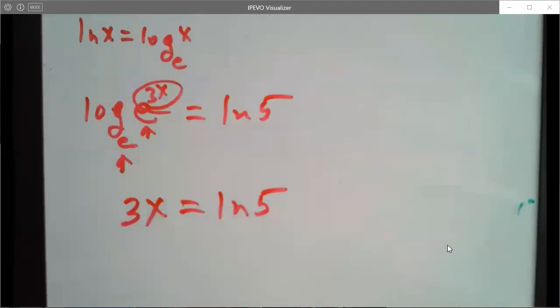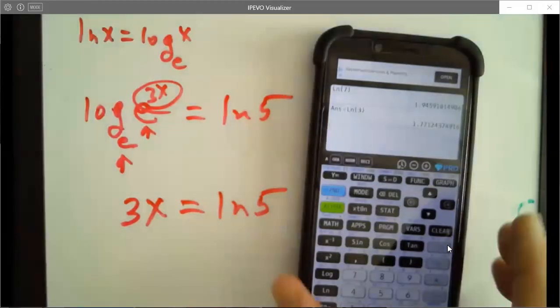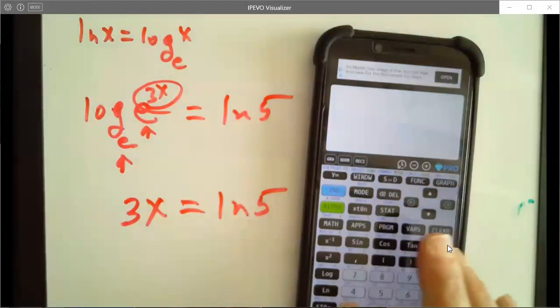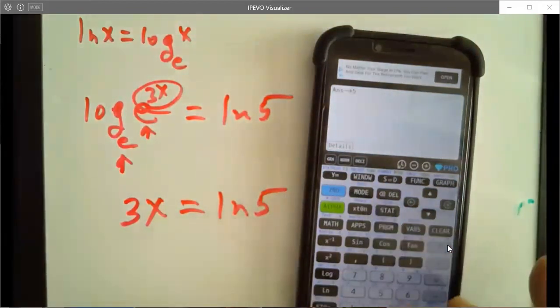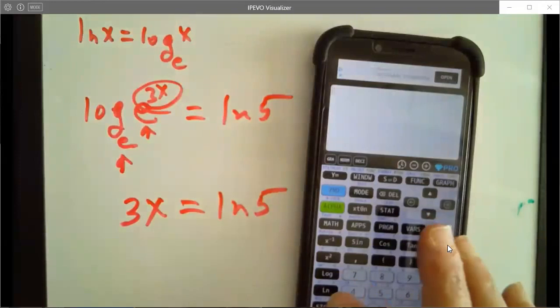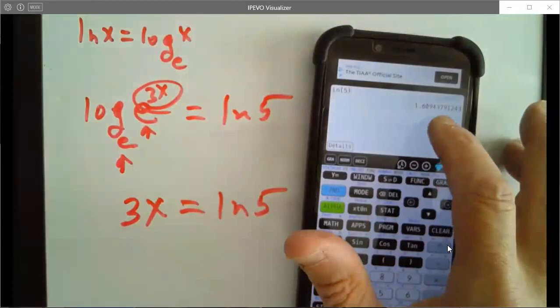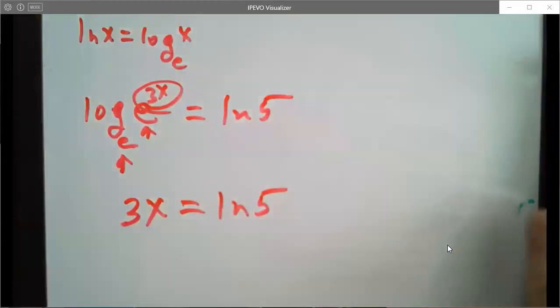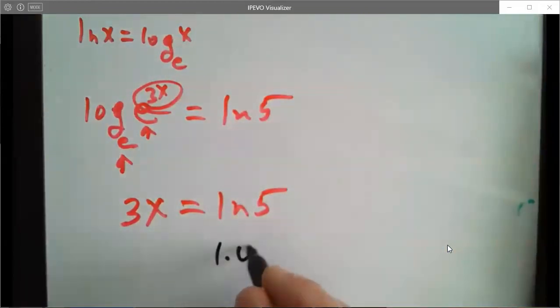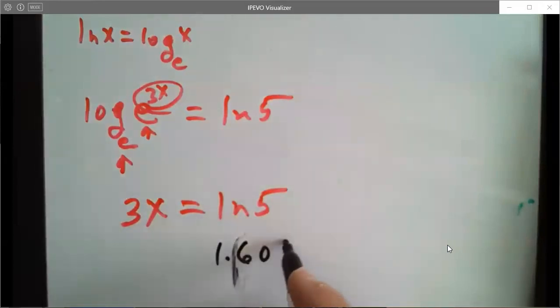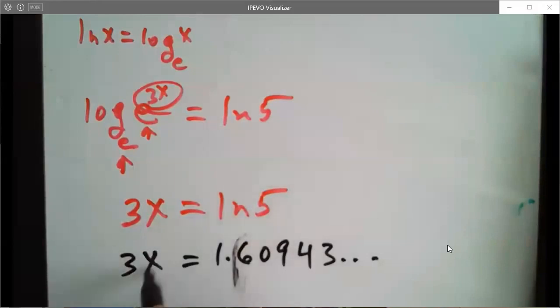Now from here, we can find what natural log 5 is. Natural log 5, close that. We get 1.609 and so on, 1.60943, and it goes on, equal to 3x.